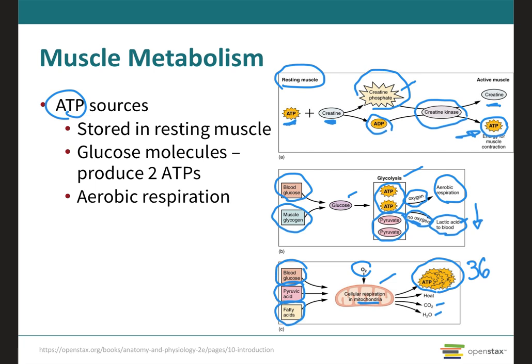However, this aerobic respiration needs a lot of oxygen, so it cannot be sustained without this steady supply of oxygen to the skeletal muscle, and it's going to be much slower if it does not have the oxygen that it needs. To compensate for this, the muscles do store a small amount of excess oxygen in proteins that are called myoglobin, and this will allow for more efficient muscle contractions and less fatigue.